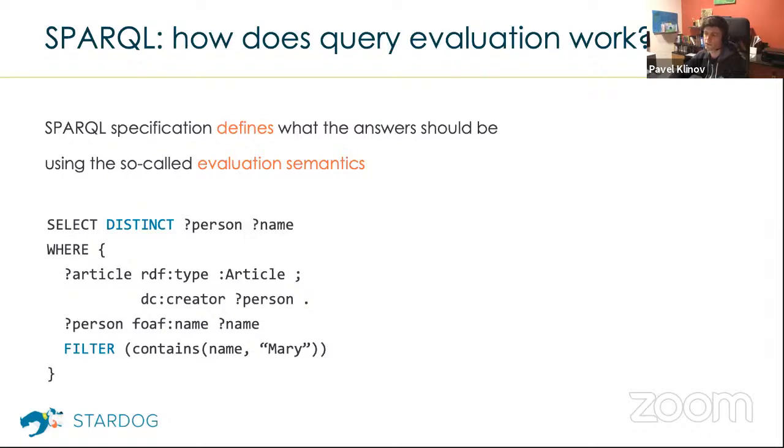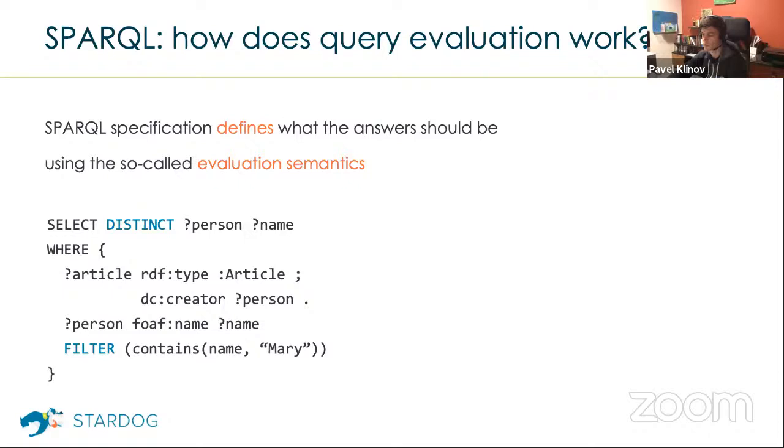So the syntax of SPARQL, when I put some queries on the screen, is not going to scare you too much. But I still want to talk a little bit about the semantics of SPARQL queries, what they actually mean. SPARQL, like SQL, is a declarative query language. It has formally defined semantics.